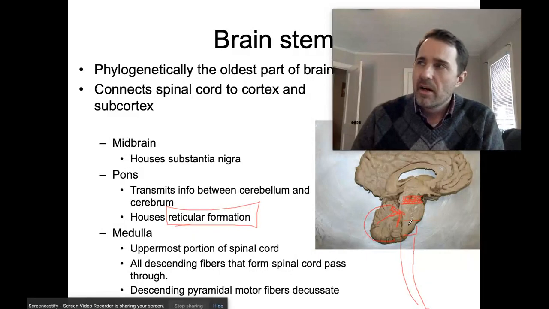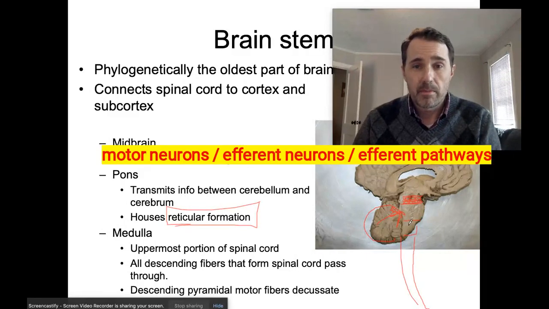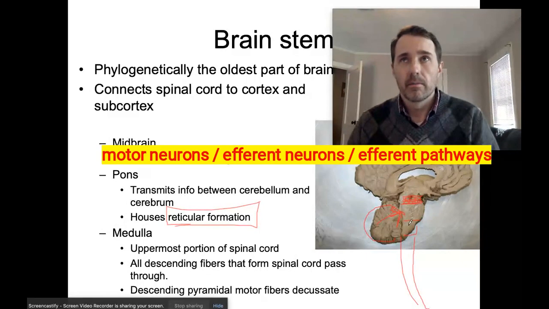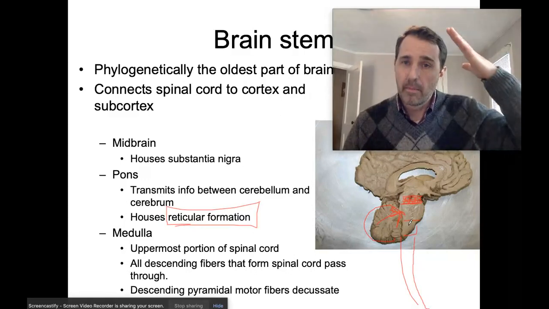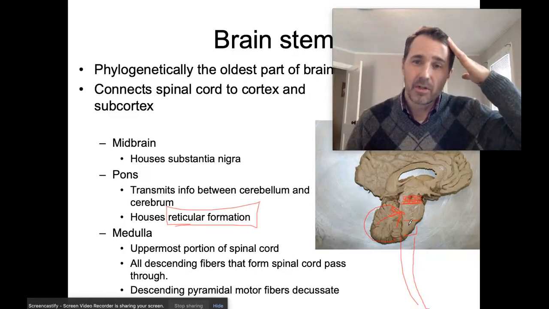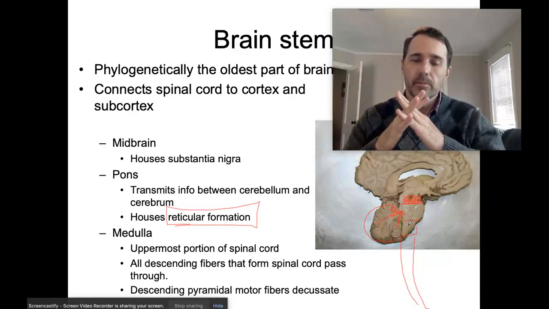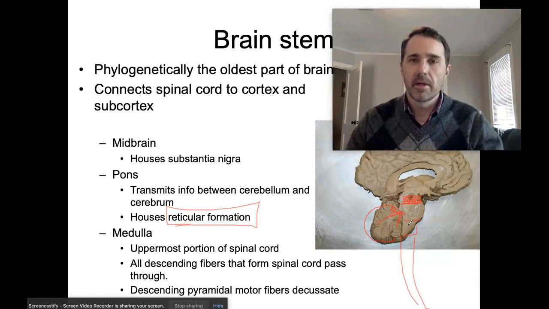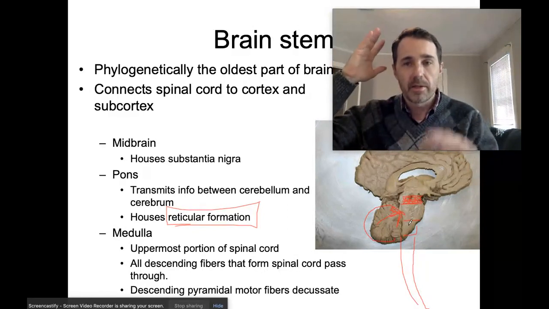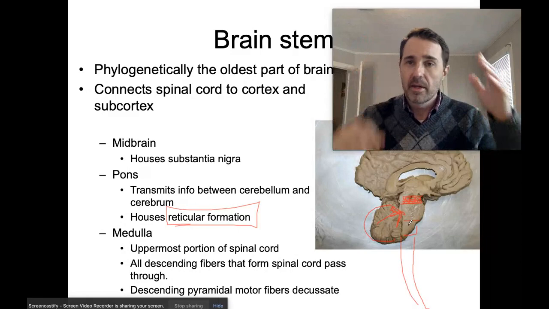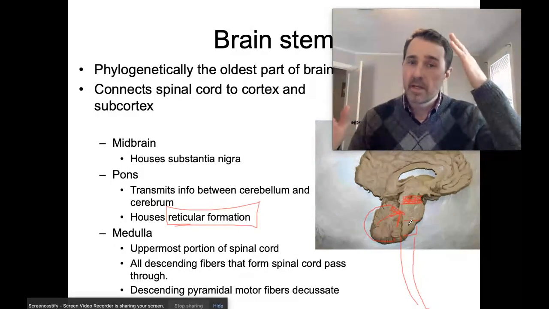A lot of motor fibers that are coursing from your brain down to your body cross at the medulla. So you guys probably know that the right side of your brain controls the left side of your body, and the left side of your brain controls the right side of your body. That's true.